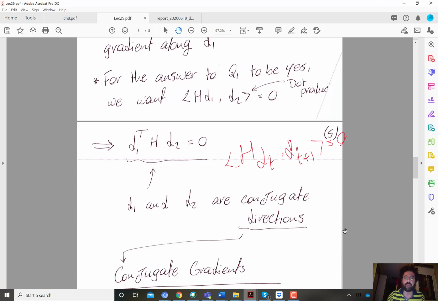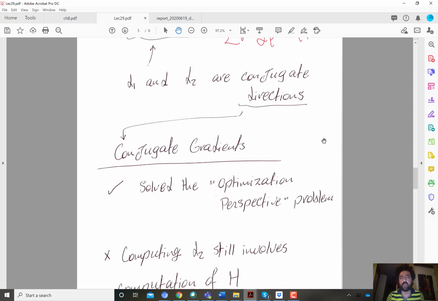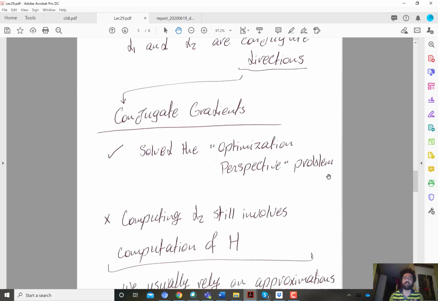So let's see what this method does in terms of the challenges with Newton's method that we discussed when presenting Newton's method. We mentioned that there are two challenges, one from an optimization perspective and one from a computational perspective.